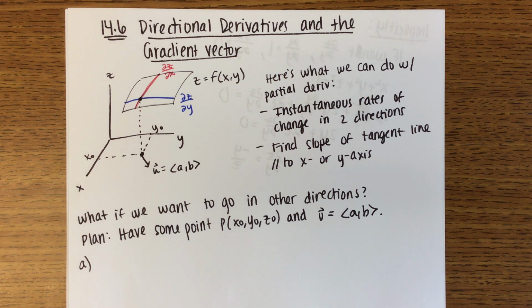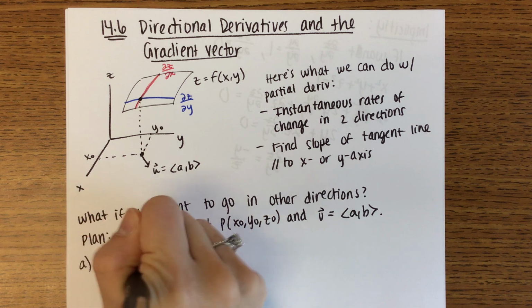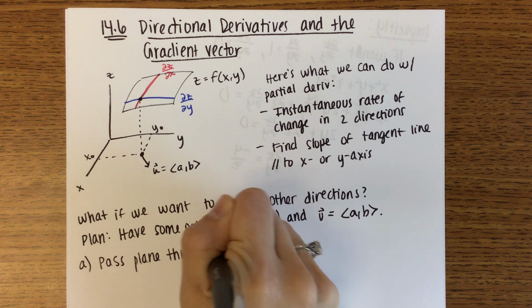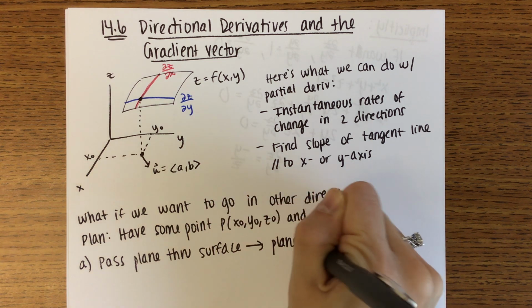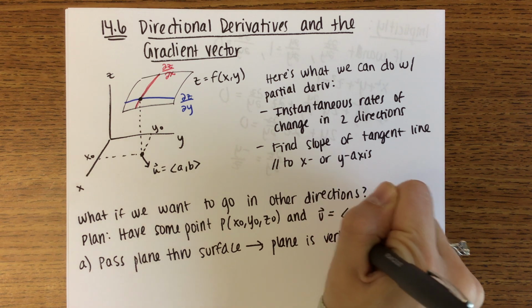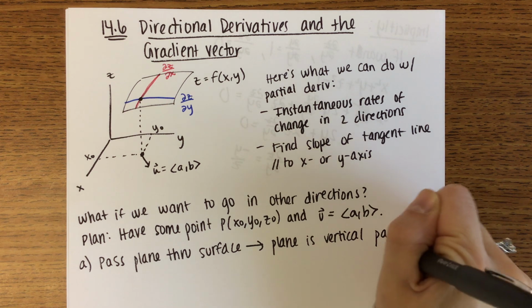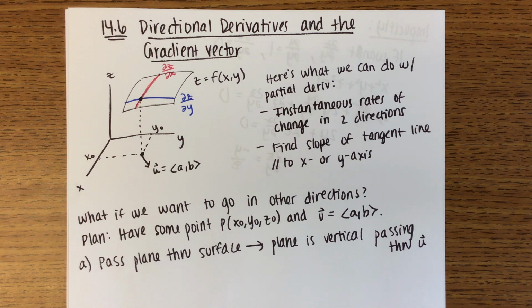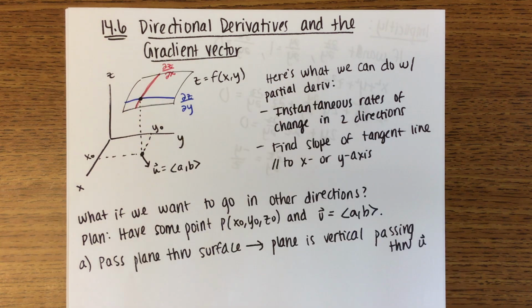First thing that we are going to do is pass a plane through the surface. That plane is going to be vertical, and it's passing through u. Can you picture what I mean here? Passing some plane vertically through u, and it's going to pass through your surface and leave a line.